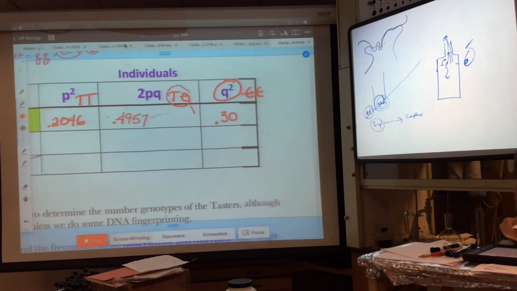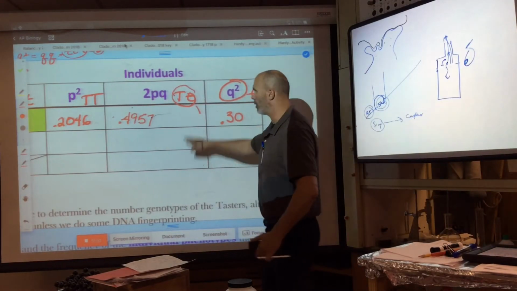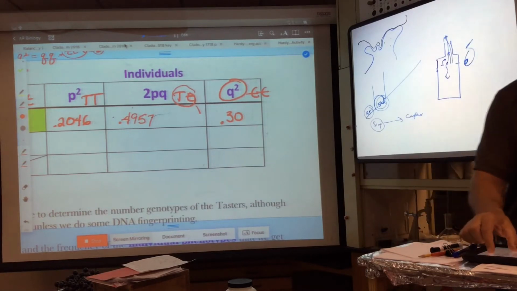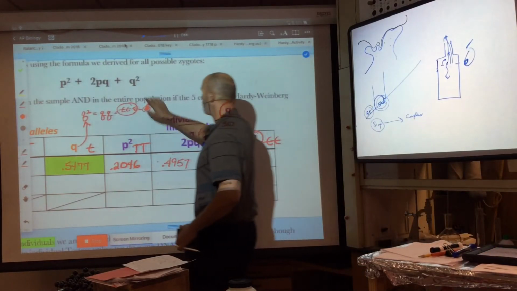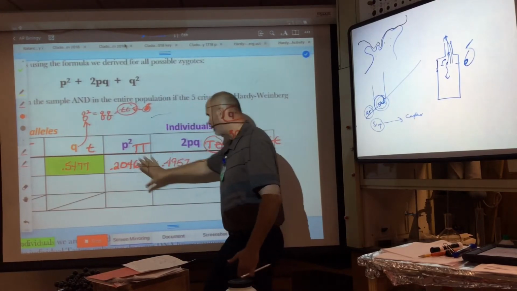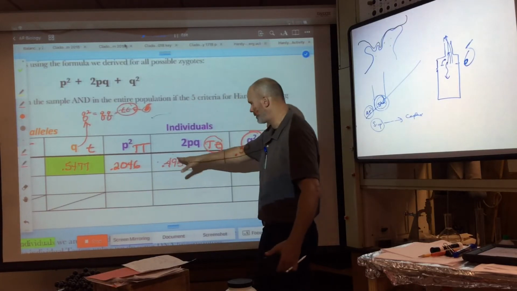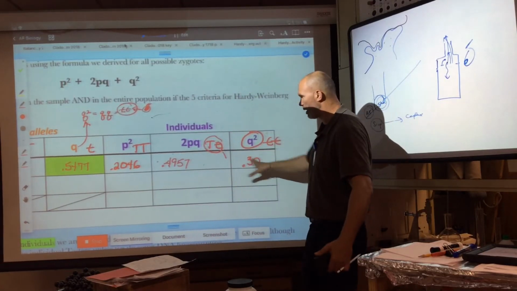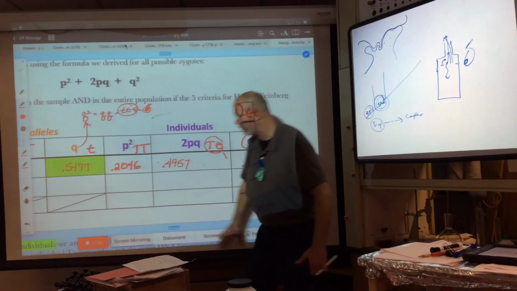And so, shouldn't all the individuals equal 1? Isn't that the formula right there? So shouldn't all this equal 1? Absolutely, right? So don't do the individual alleles, do the P squared, so 20 plus 50 is 70, 70 plus 30 is 100. That makes sense. These are all the frequencies of the individuals here.